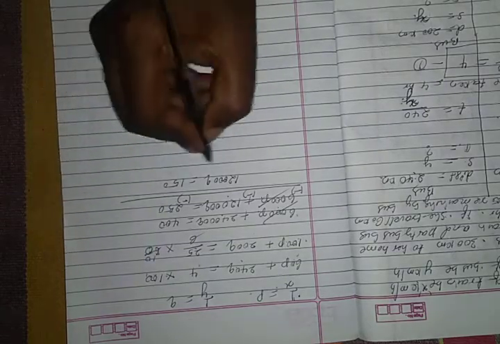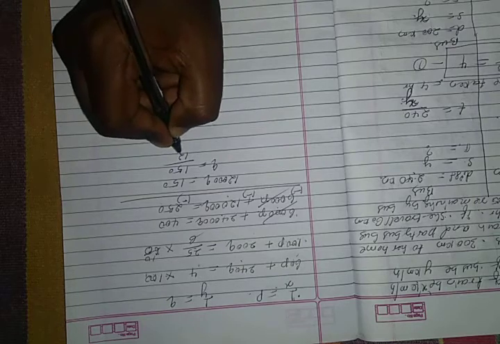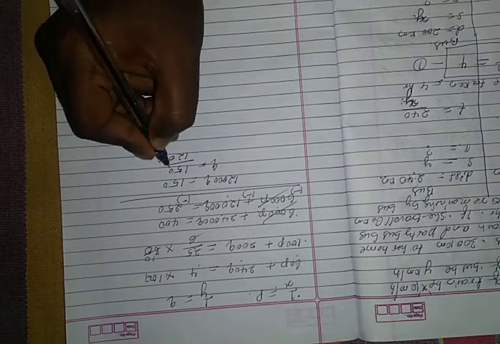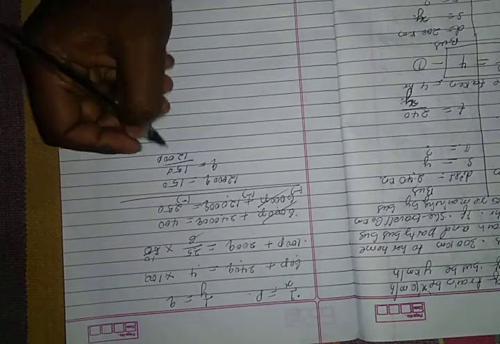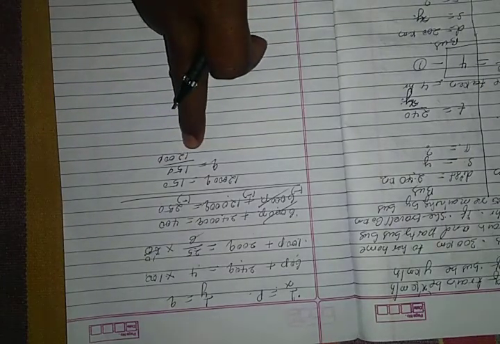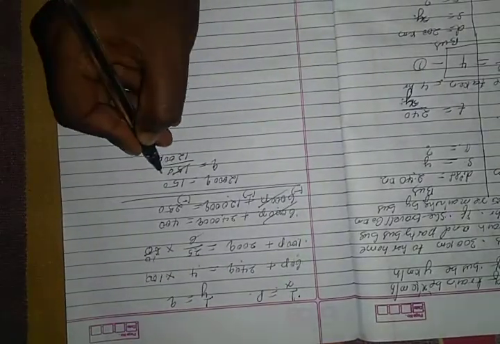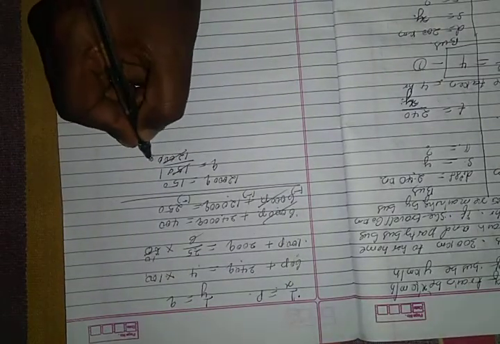Then q is equal to 150 divided by 12,000. The zeros cancel, and 15 divided by 1200 gives 1 divided by 80.